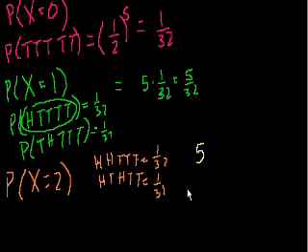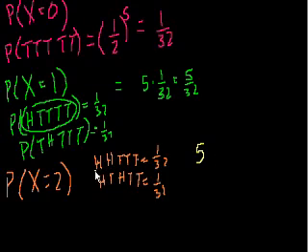Now, how many possibilities are there for the second head? Well, the first head spot was used up by one of the flips. Now there's only 4 flips left. So there's only 1 out of 4 flips that the second head could be in. And you saw that here.